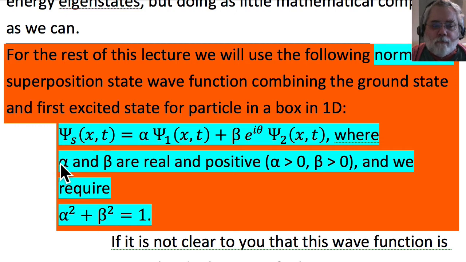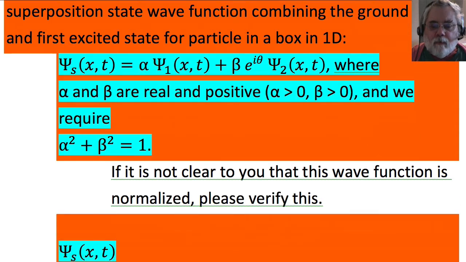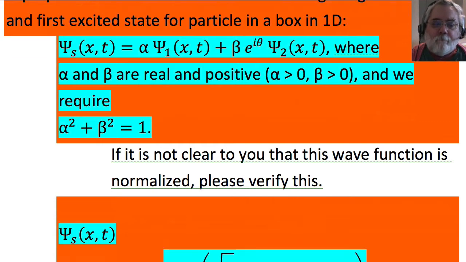We're going to take alpha to be real and beta to be real and require both of them to be positive. We don't have to do that, but we're going to do that. We're going to require alpha squared plus beta squared equal 1, and that will normalize psi sub s. Now, if it's not clear to you that this wave function is normalized, please verify it for yourself.